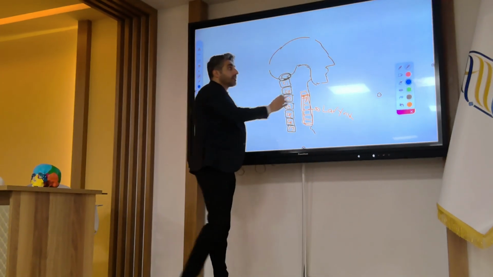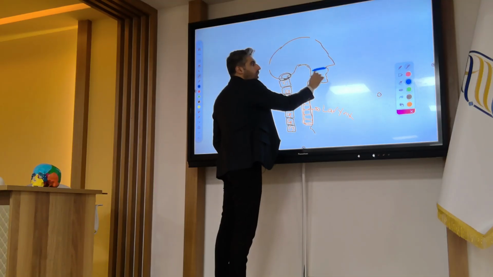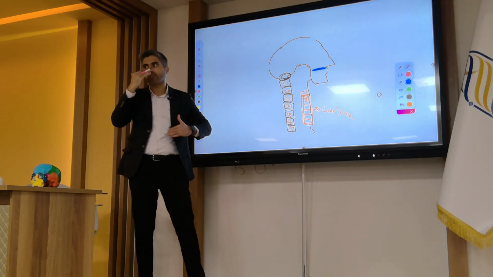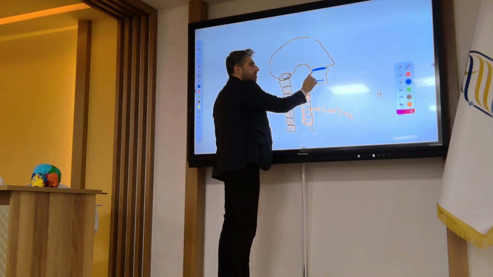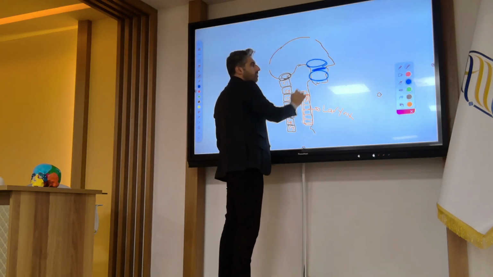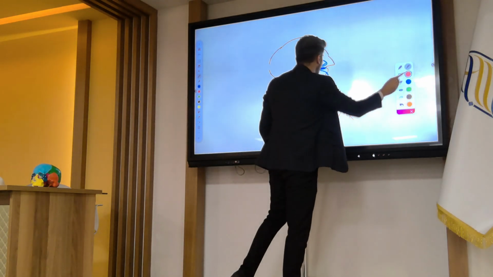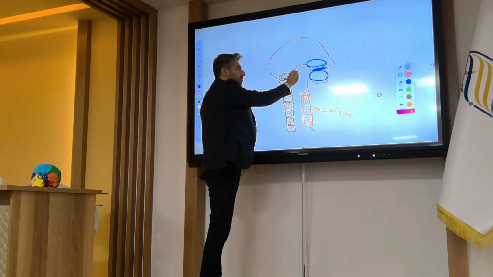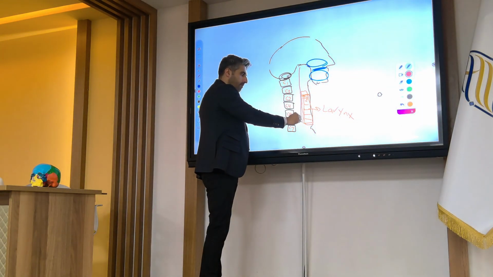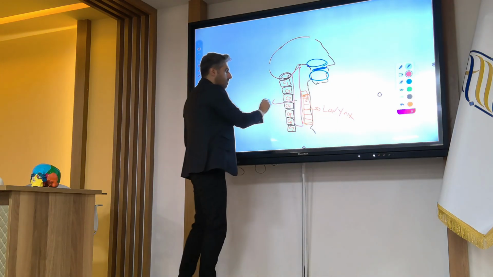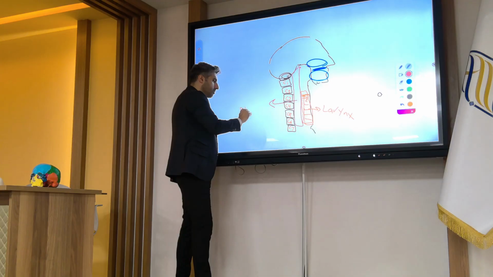Guys, this is the hard palate. The hard palate is the roof of the oral cavity and floor of the nasal cavity. This is the oral cavity. This is the nasal cavity. Okay? This area, this is the pharynx.